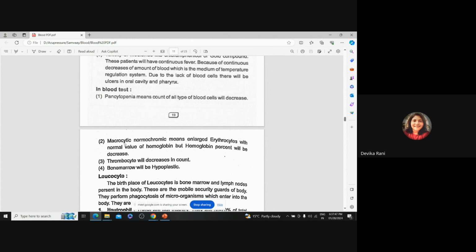So what we were studying: macrocytic, normochromic, or enlarged erythrocytes. Thrombocytes will decrease; we will learn about thrombocytes later. Thrombocytes will decrease in count and the bone marrow will be hypoplastic. As earlier it was hyper, here it is hypo, so it will slow down.